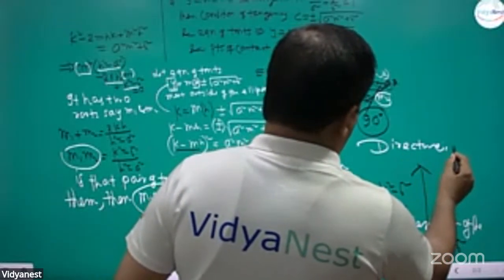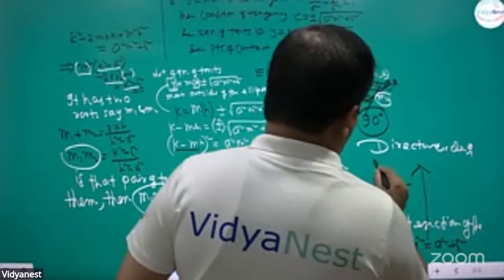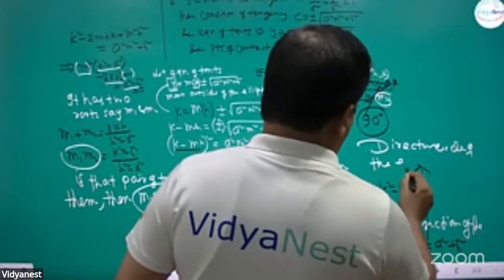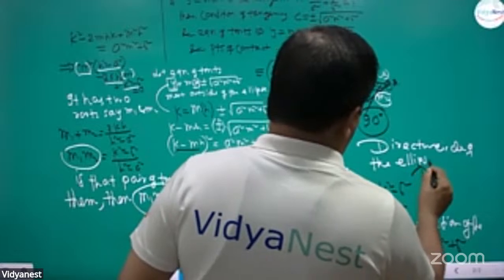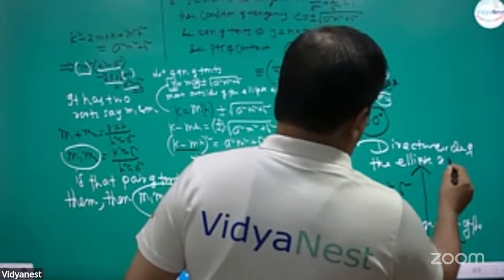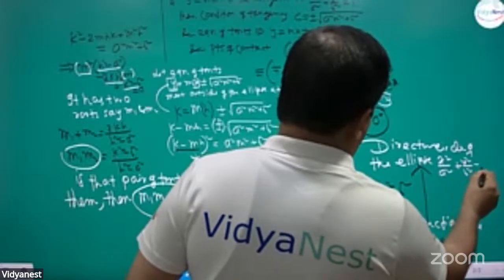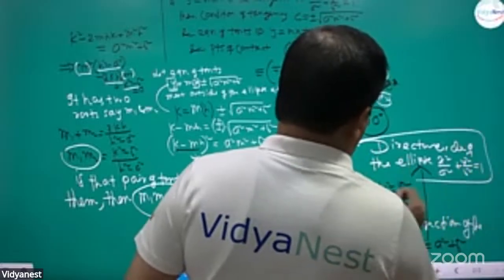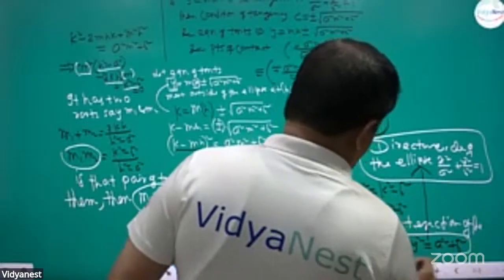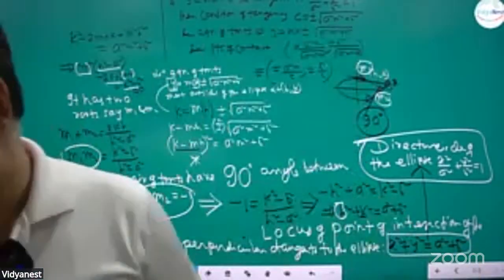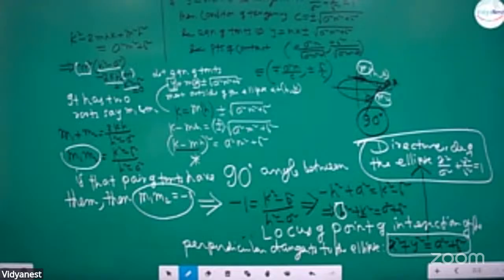Director circle of the ellipse x square by a square plus y square by b square equal to 1 is this. Director circle.